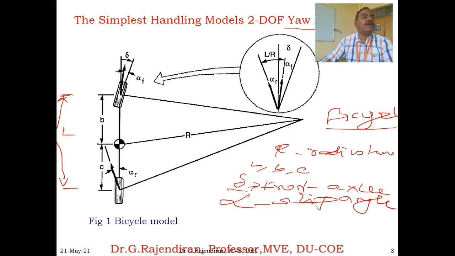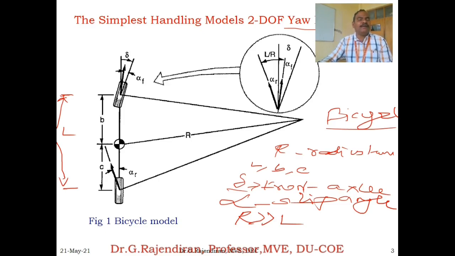Now, for a four-wheeled vehicle taking a turn at higher speed, the radius of turn is much greater than the wheelbase. That is the first point.